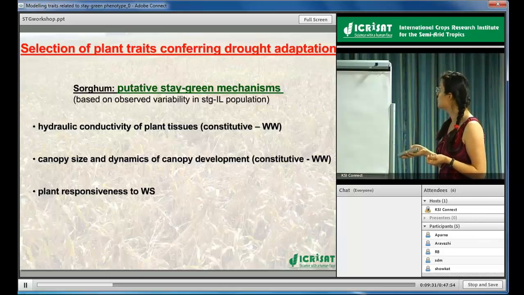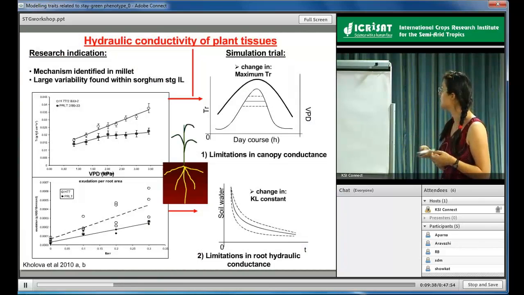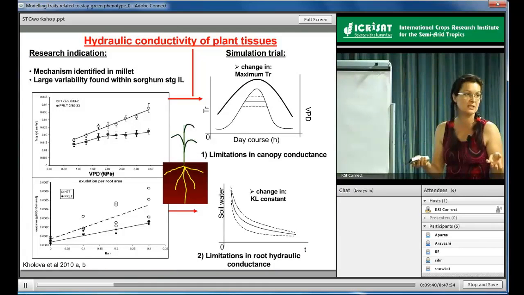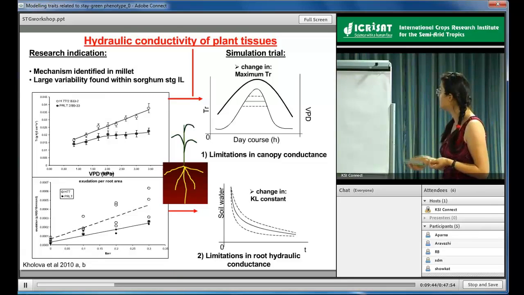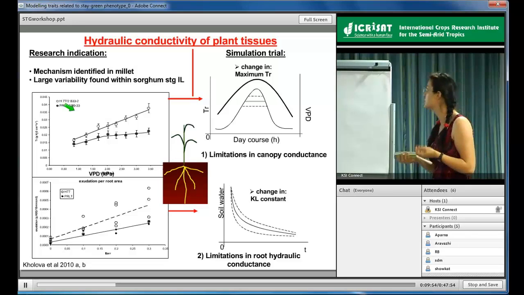So let me move to what we found with regards to the hydraulic conductivity of plant tissues and how we were able to reproduce the same variability with models. So on this slide, in the first part, we see the research indication and the previous research before we even started working with sorghum.